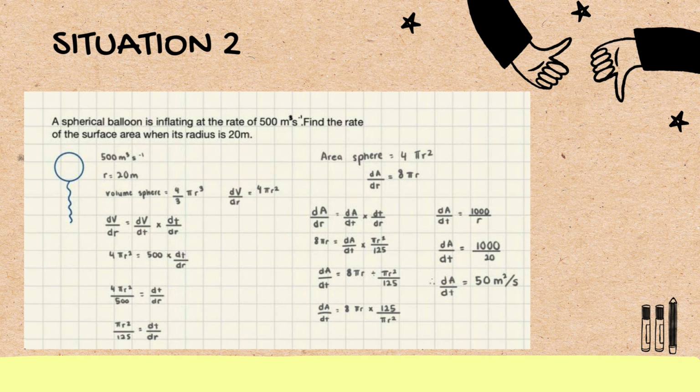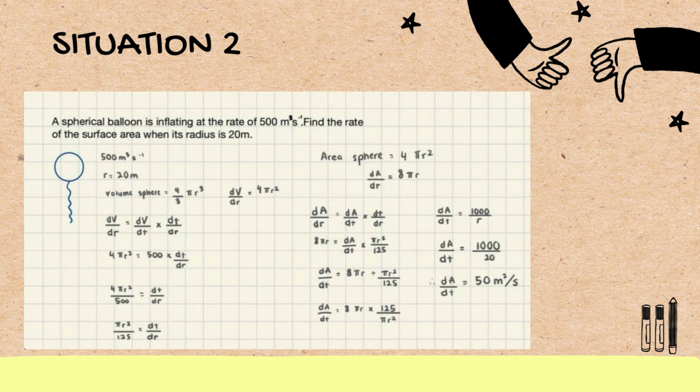For step 2, you have to apply the formula of volume of the sphere, which is 4 over 3 pi r cubed. Then you need to differentiate it to dV over dr. So you will get 4 pi r squared when you have differentiated it.